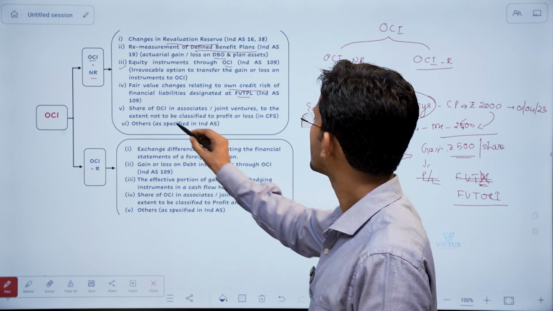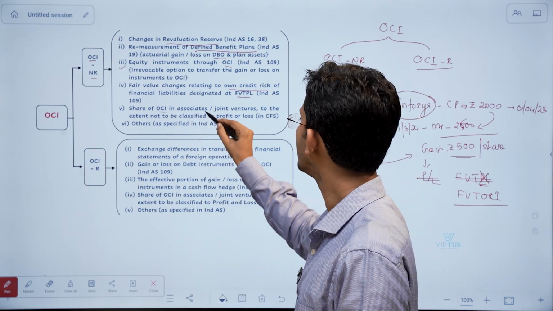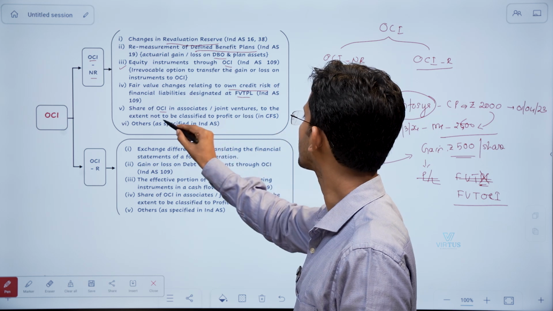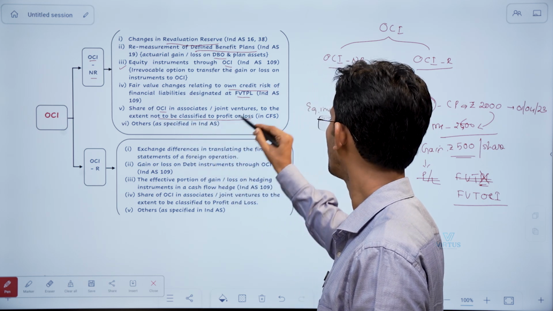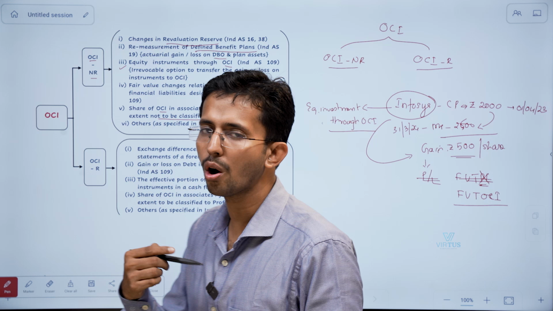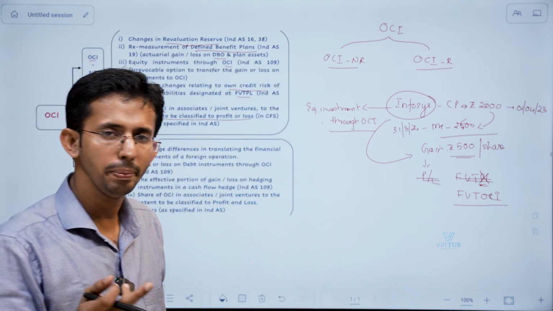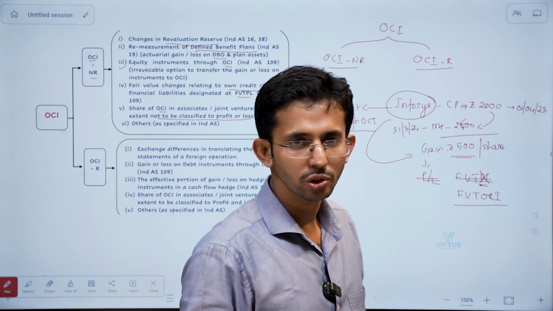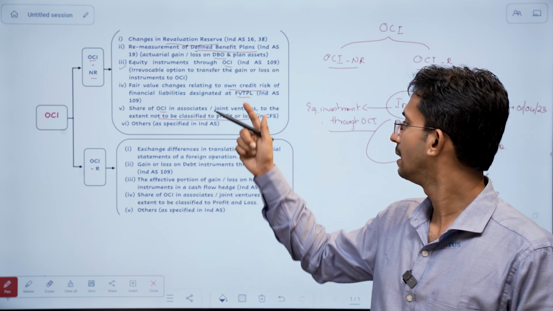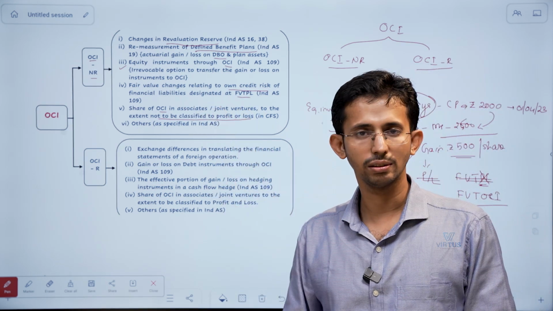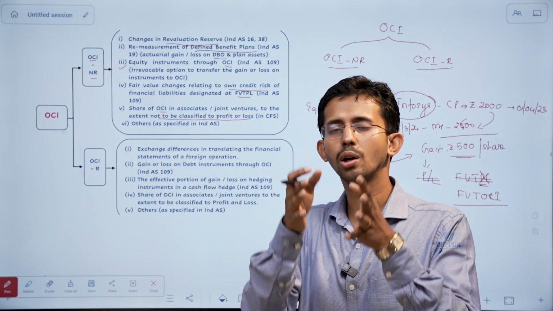Next, share of OCI in associates or joint ventures, to the extent not to be reclassified to profit or loss. When you prepare the consolidated financial statements, there could be OCI items which belong to the associates or joint ventures, which you need to add to your OCI.